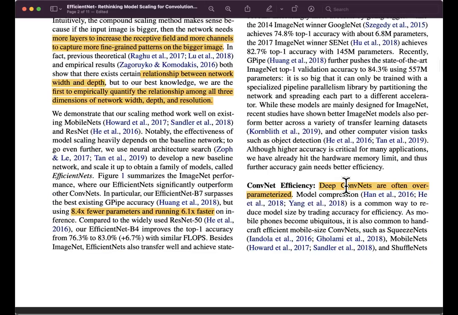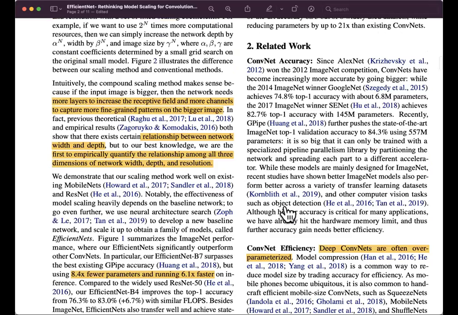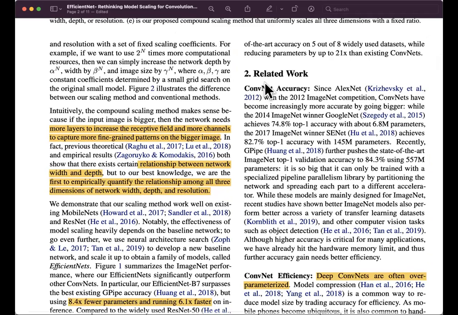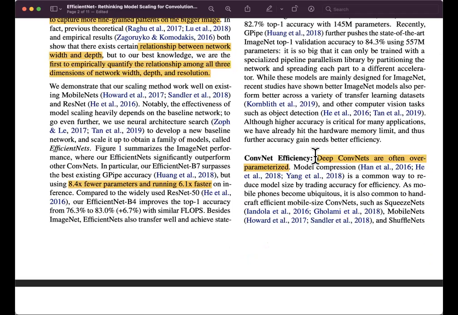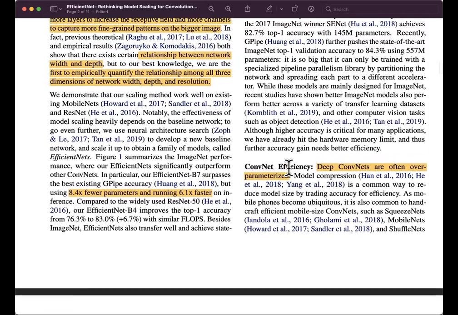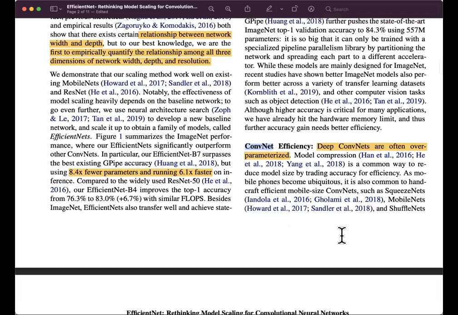Let's go to the related work. Here are the commonly used ConvNets, and in terms of efficiency, the main point is that deep ConvNets are often over-parameterized, which basically means there are many more parameters than needed to achieve something, here mainly for classification.